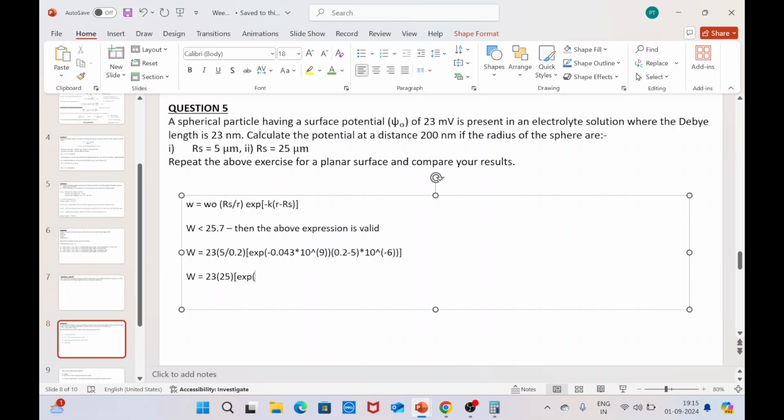So it will become plus 0.043 times 4.8 times 10 to the power 3, so 10 cube.